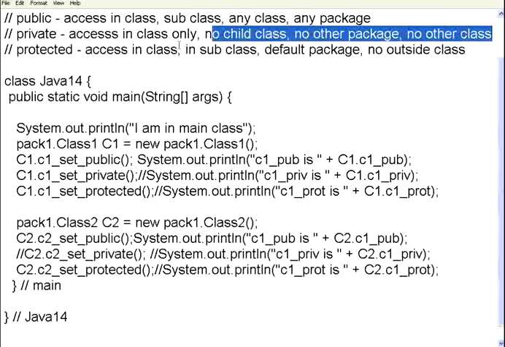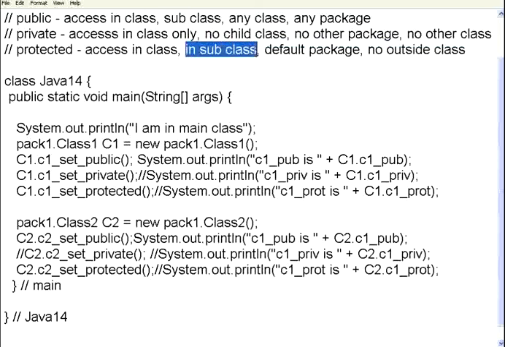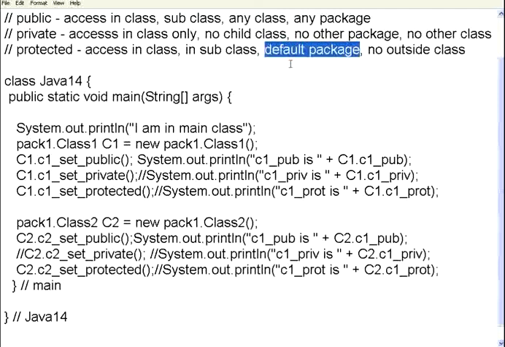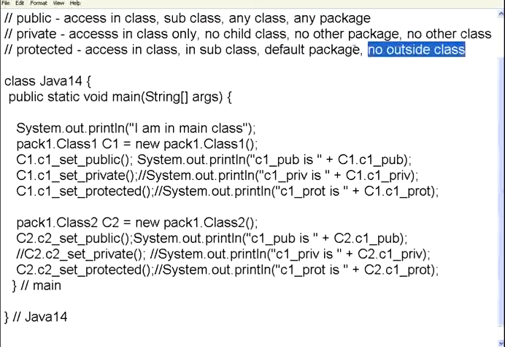The difference between private and protected is that protected can be accessed in a subclass, and protected can be accessed within the same default package. The similarity between private and protected is that no other class can use this. The major difference between private and protected comes from the default package as well as the child class.